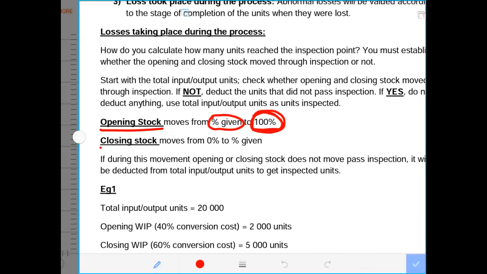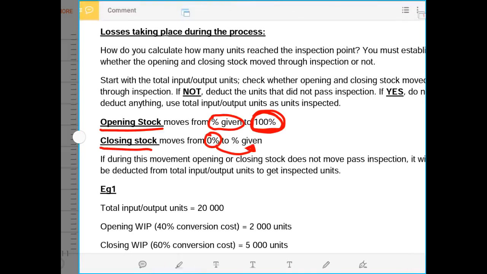However, when it comes to the closing stock, they say it moves from 0% up to a given percentage. That means when you see the closing stock in the lines that I will do, you have to know that the closing stock started at 0% and it will end at the given percentage as the closing stock by the end of the given process period.